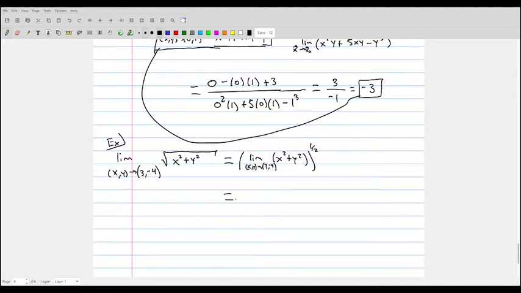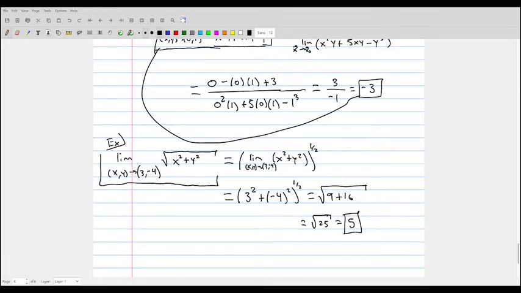And what happens is this is exactly the same thing as 3 squared plus -4 squared, to the 1/2, or the square root of 9 plus 16, which is the square root of 25, or 5. So these are two relatively straightforward examples of applying these limit laws.